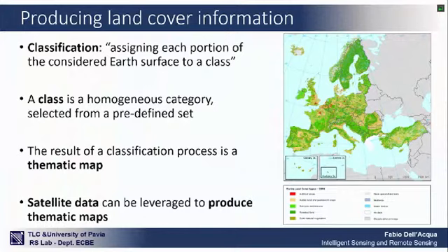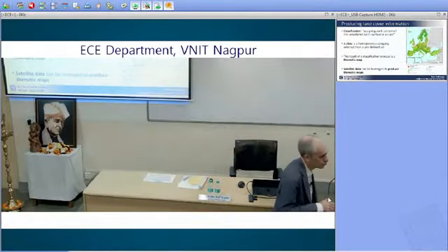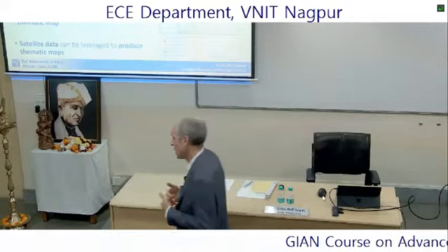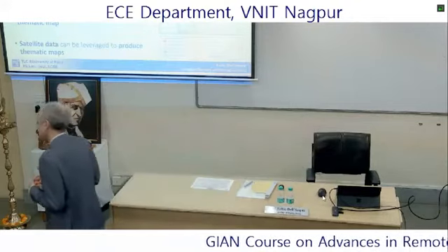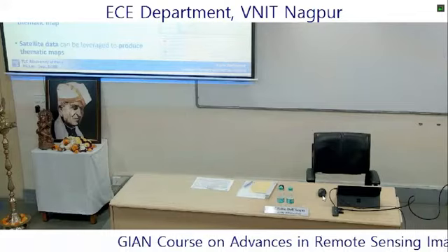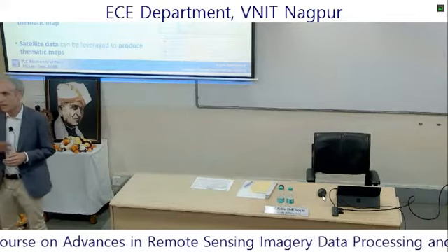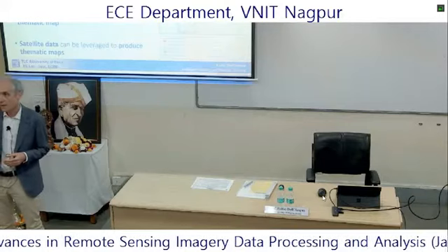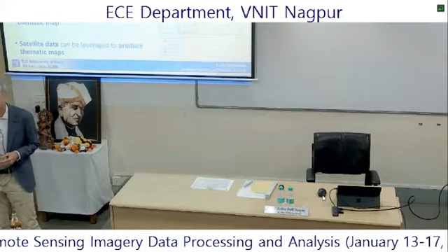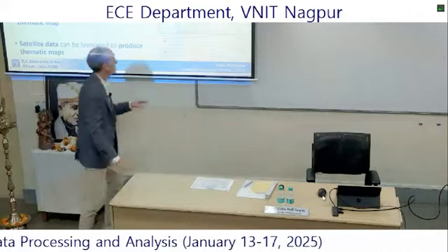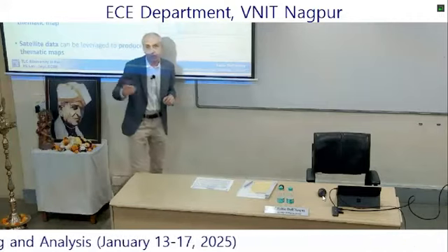Remember, I mentioned multiple times that you should not consider remotely sensed data as images. They are not images. They are numbers. You can derive images from these numbers if you set up a certain procedure, and you get a visual representation of data.